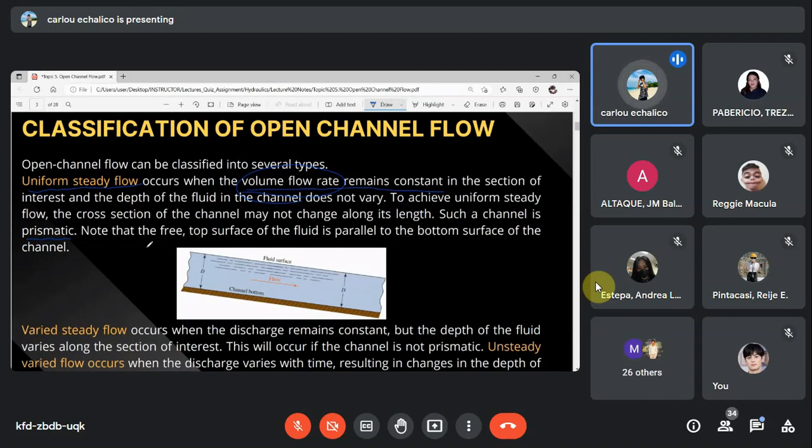So, as we can see, the free top surface of the fluid is parallel to the bottom surface of the channel. As you can see here in the figure, atong free fluid surface is just parallel to the slope sa tuang channels.